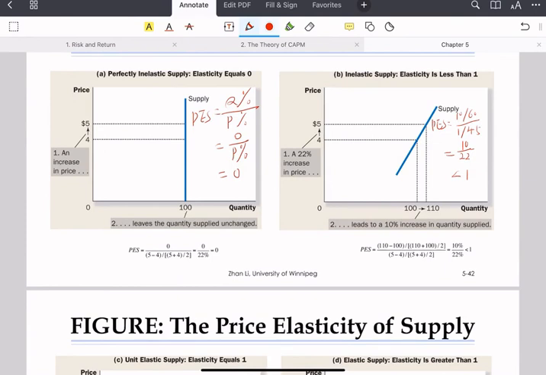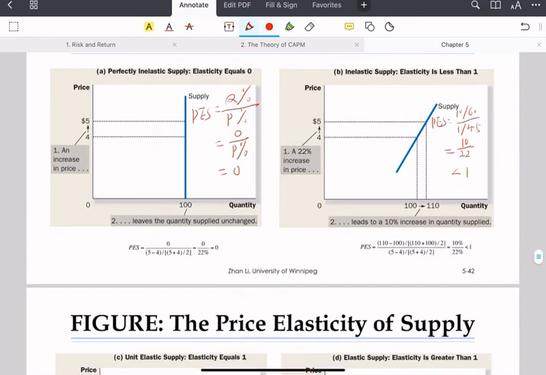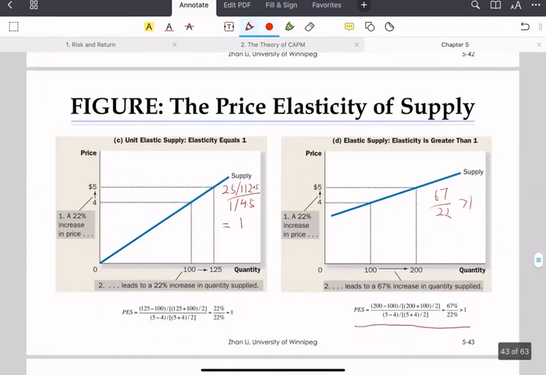So here you can see that for this vertical curve, its price elasticity is very small. It's just 0. And then for this steep curve, right, this is quite steep, we have a price elasticity of less than 1. And then we have a flatter curve. Then its price elasticity is 1.